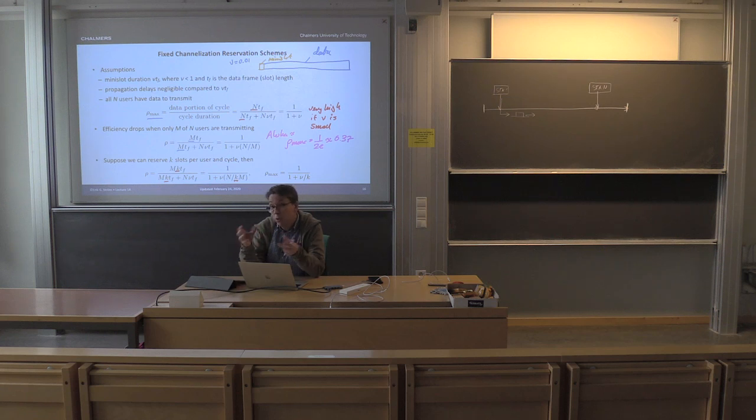In your house, you have a box, and in the box there is an electrical energy consumption meter that reports how much energy you have been using the last hour or day or so. Then in an urban area, you can have many of these, but only few of them are reporting at any given point in time. So here we have a case where n is large, but m is a very small number compared to n.